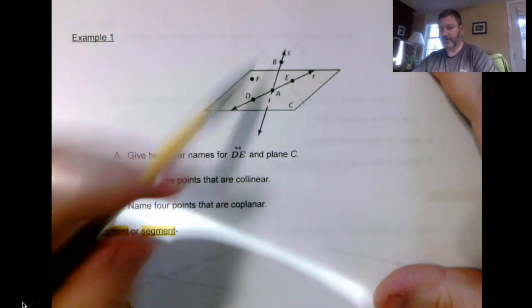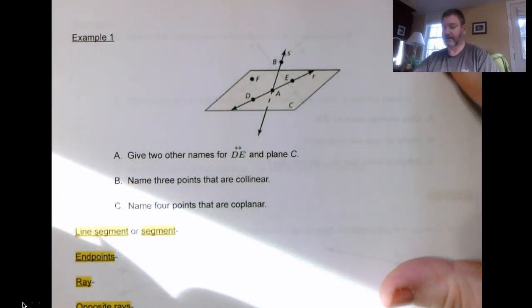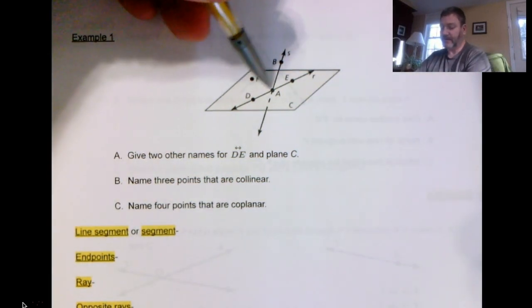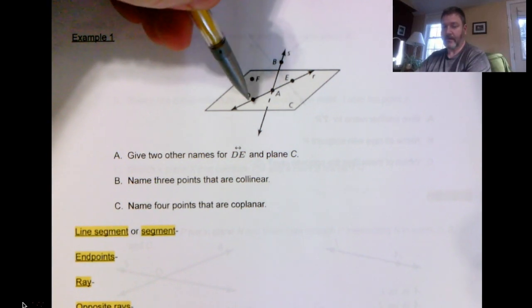So example 1 comes with this diagram, and it asks us to give two other names for line DE and plane C. So line DE is here. And there are many other answers.